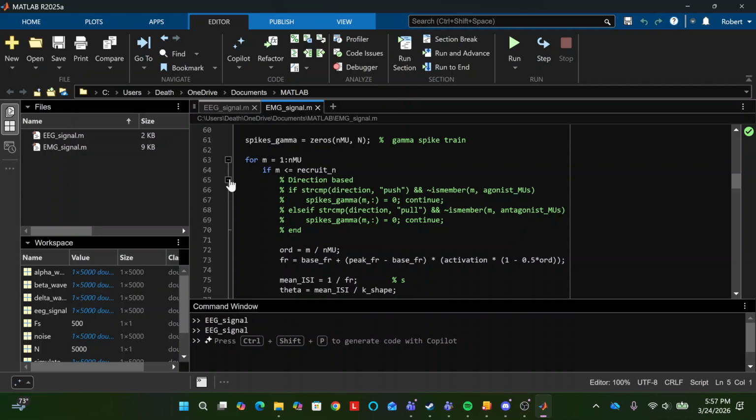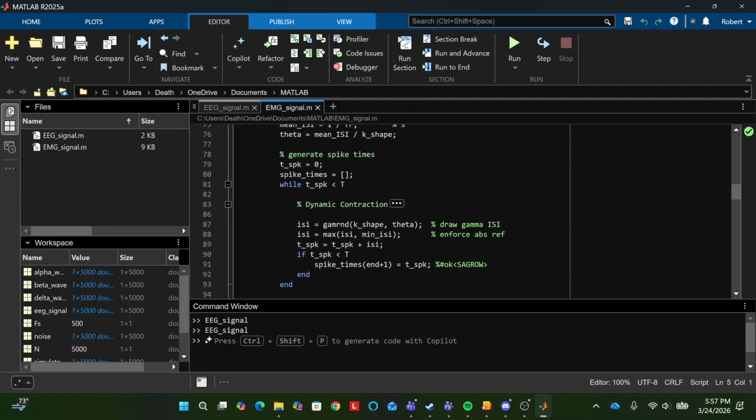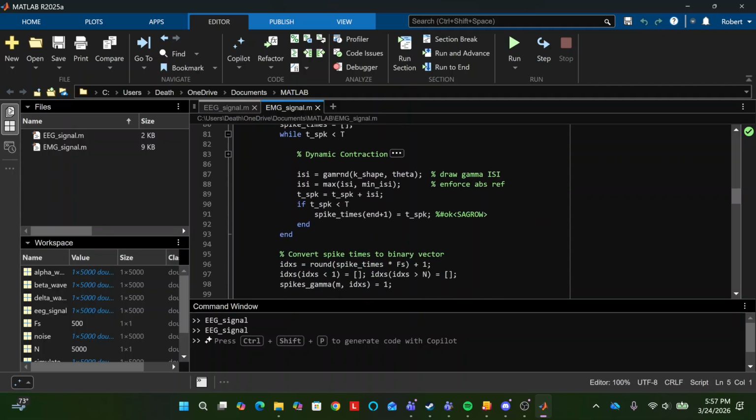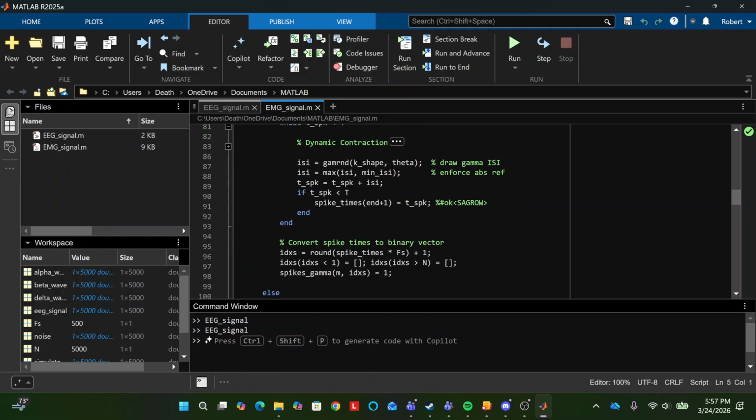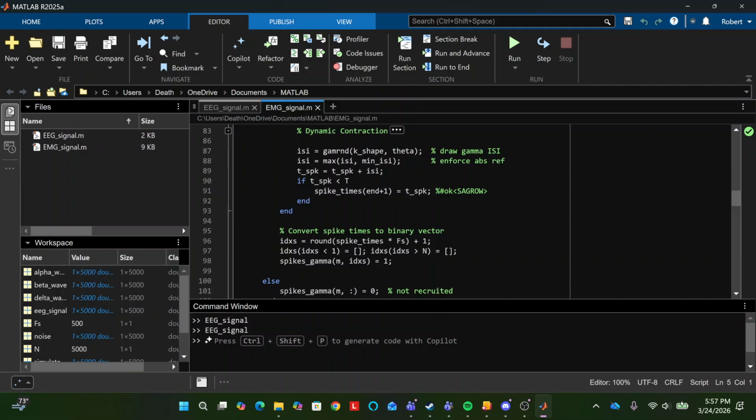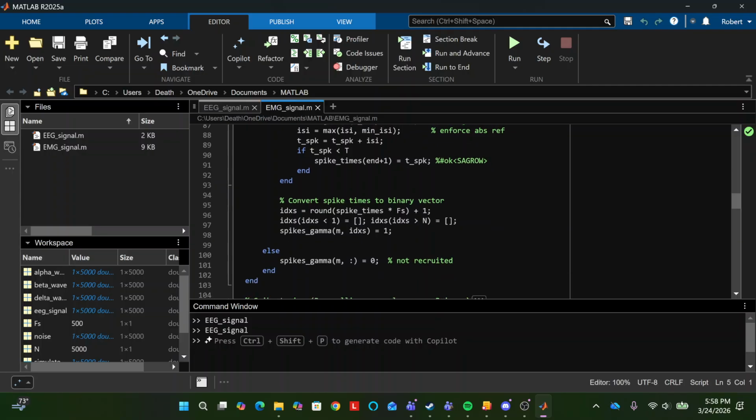You can add direction. We also have dynamic contraction. If we wanted to add dynamic contraction, we could. We are going to draw gamma ISI. You'll see what this is in a minute once we run this. And then we're going to enforce the absolute value reference. And these are all spike trains.